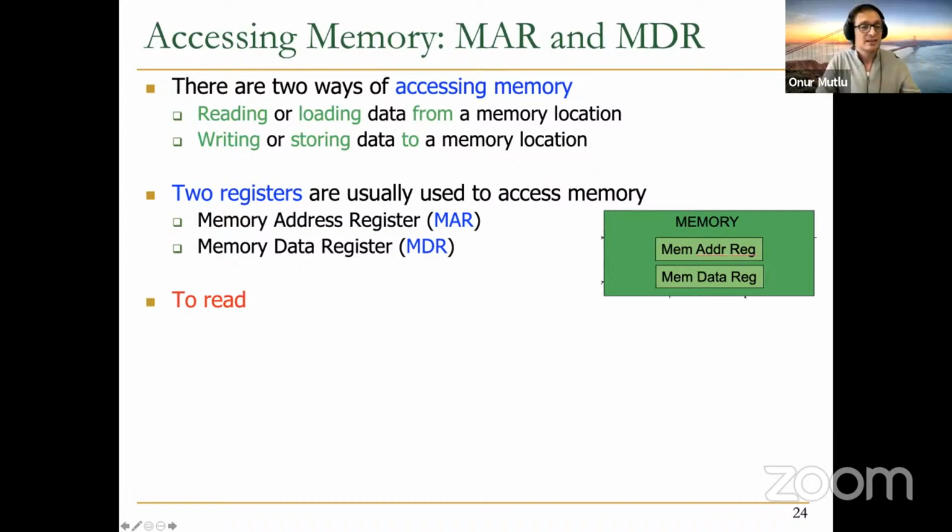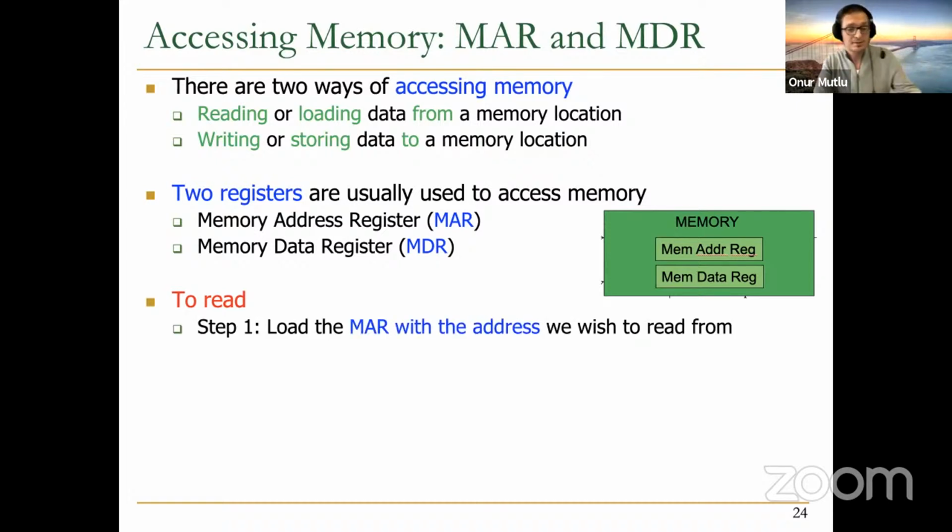And to read from memory, there are two steps, basically. First, we need to load the memory address register with the address we wish to read from. Basically, put the address into the memory address register, and then wait for the memory to access itself using the address, right? There might be another enable signal to enable memory. We're not going to talk about that over here.